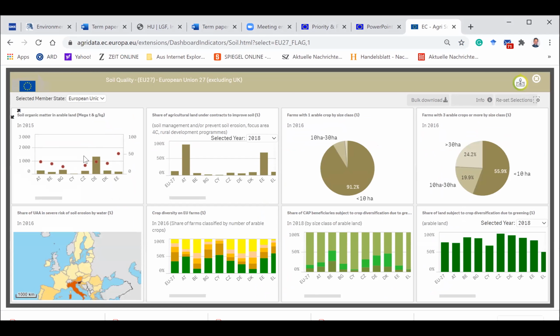That means we have normally defined the objective at the very beginning, and we see as a monitoring well-defined indicators like crop diversity on EU farmlands, like share of Common Agriculture Policy beneficiaries subject to crop diversification, and so on.